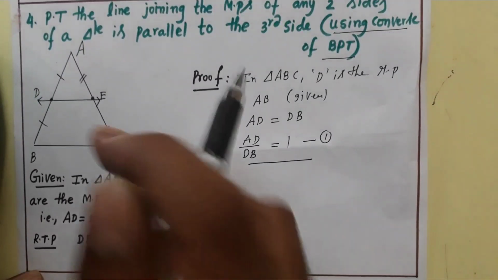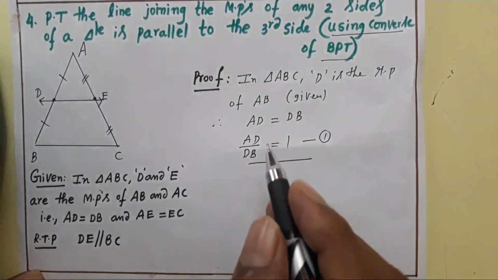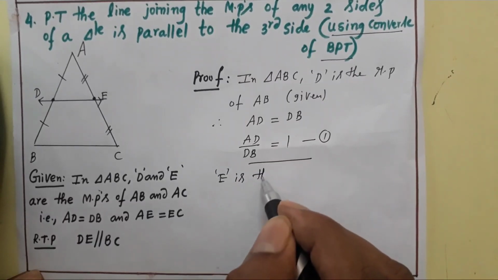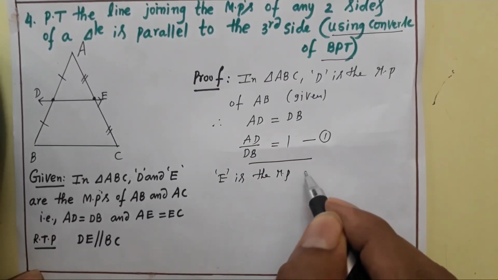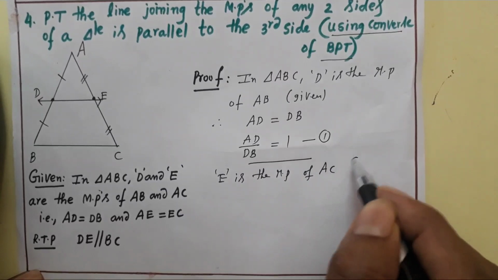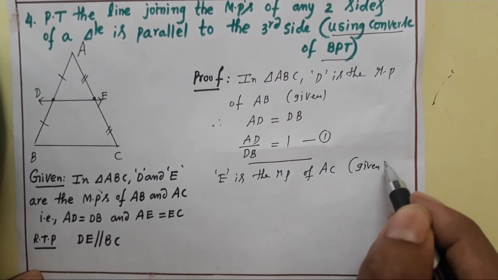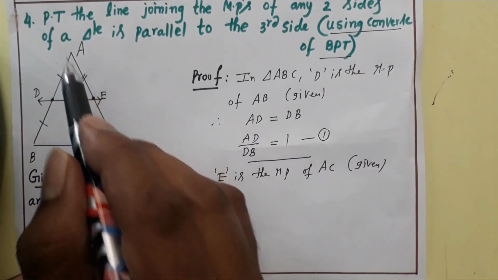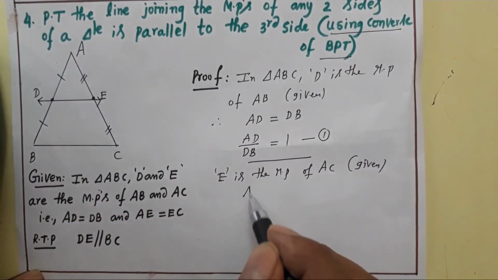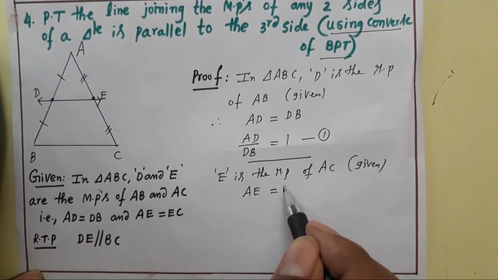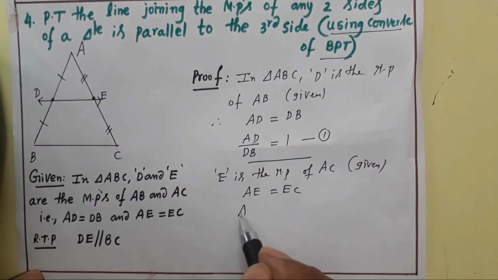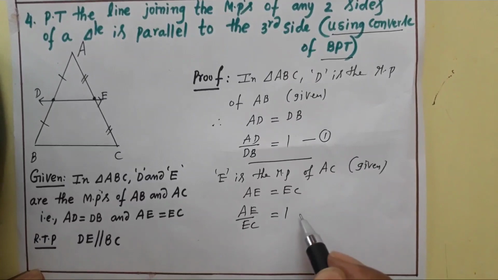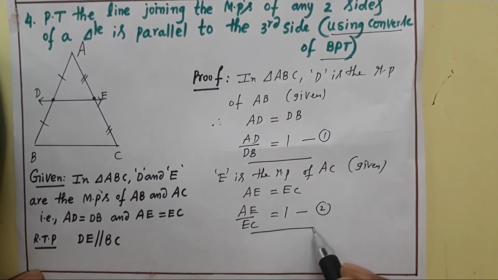In the same way, E is the midpoint of AC. That is also given. What does it mean? If E is the midpoint of AC, you can write AE is equal to EC. This also can be written as AE by EC is equal to 1. Take it as equation 2.